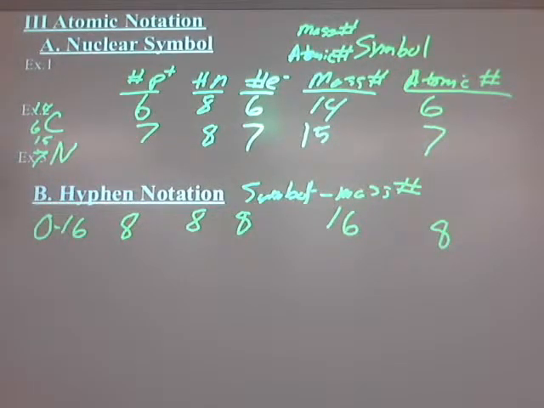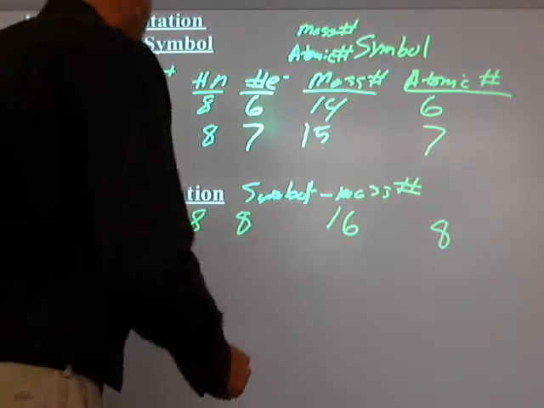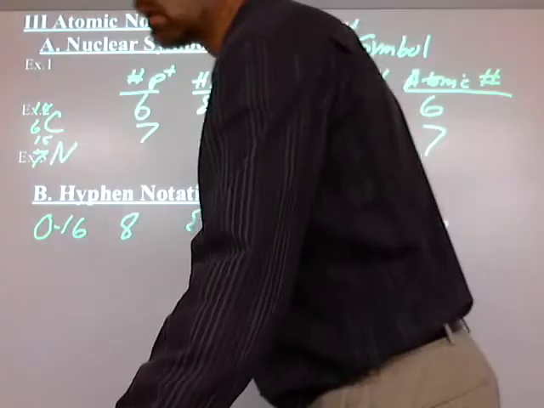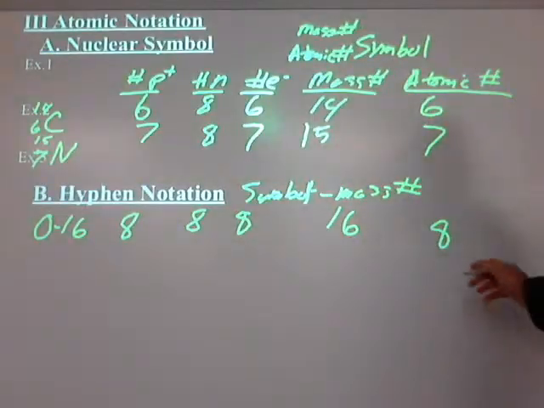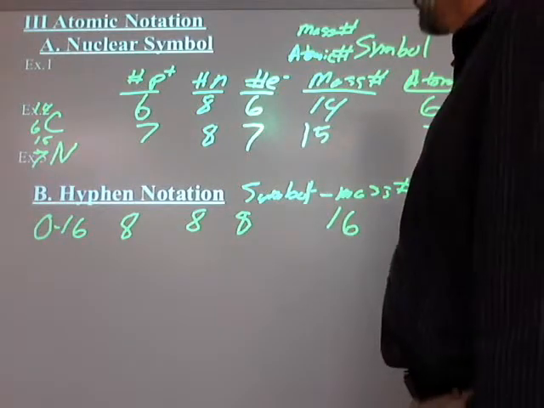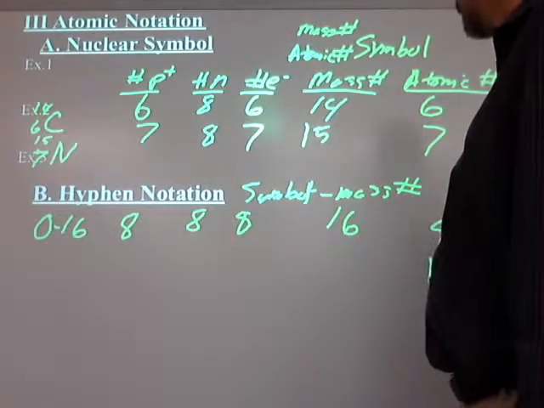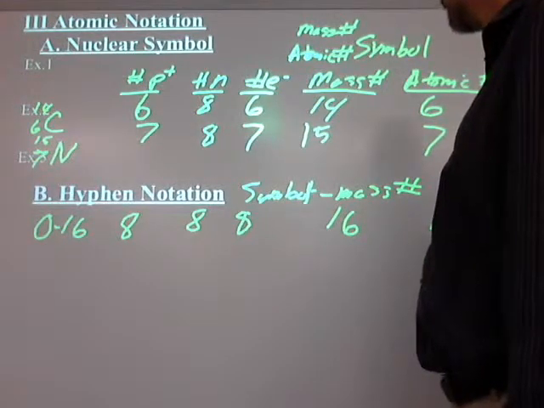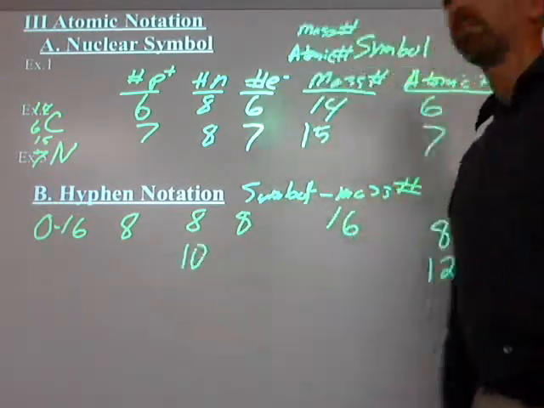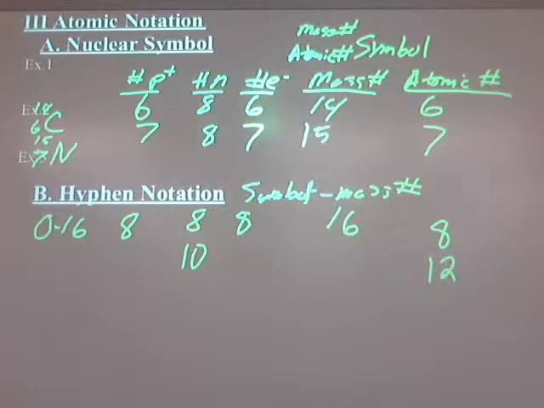All right, last one. If I gave you these, can you figure it out? If I told you the atomic number is 12 and he has 10 neutrons, can you figure the rest of that out?